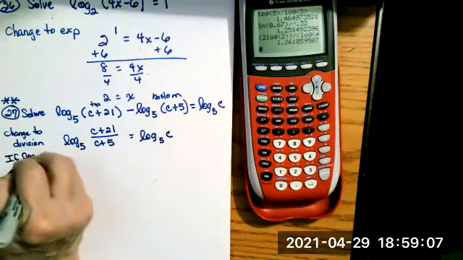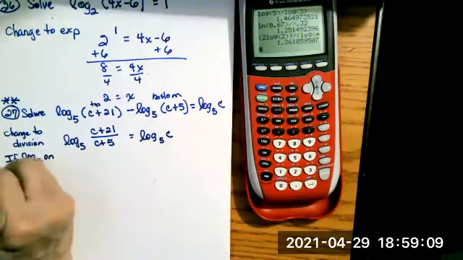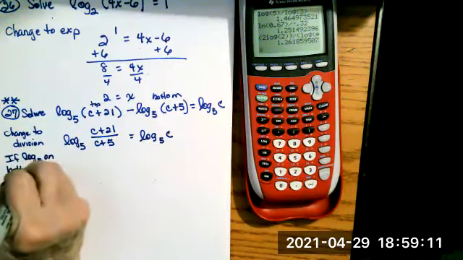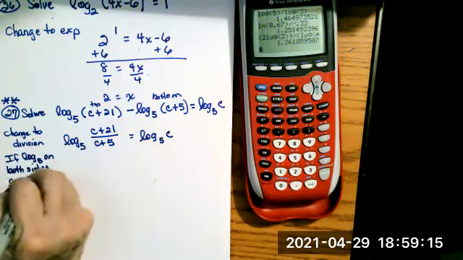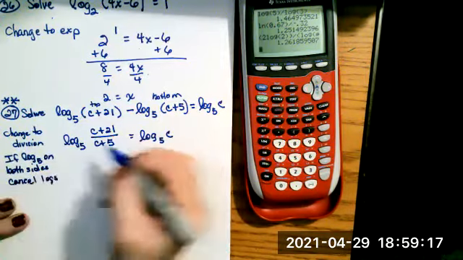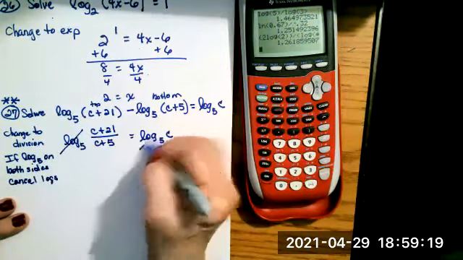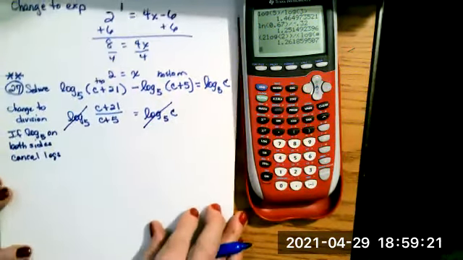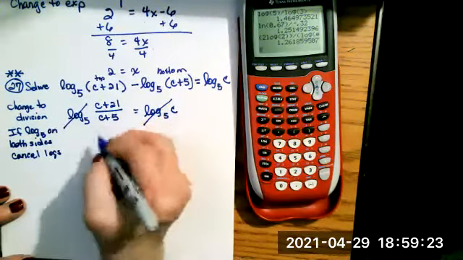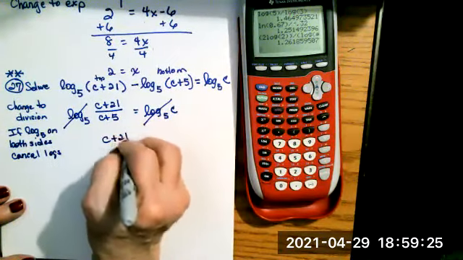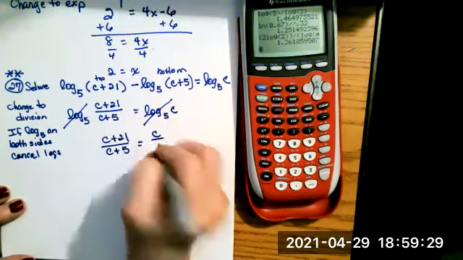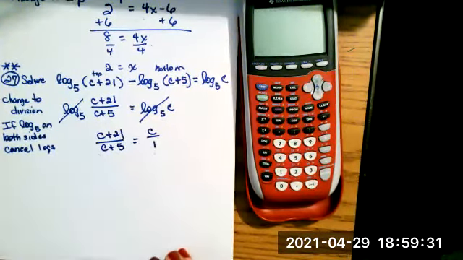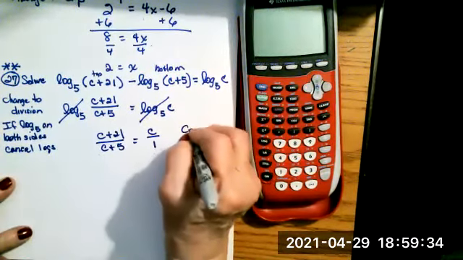If log base 5 is on both sides, then you can cancel the logs. So I can cancel out that log 5 and that log 5 and just put the log numbers equal. c plus 21 over c plus 5 equals c over 1. I'm going to put over 1 because I'm going to cross multiply.